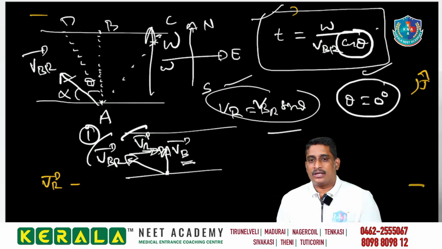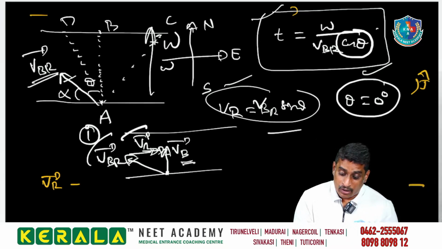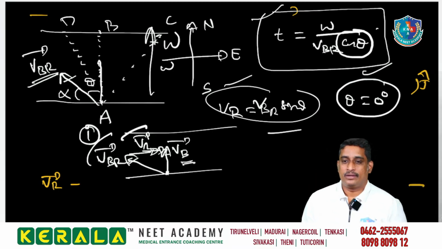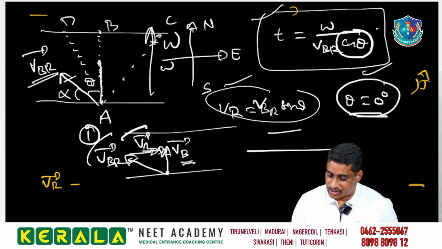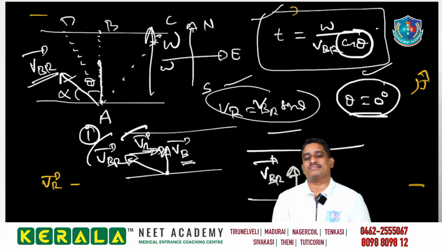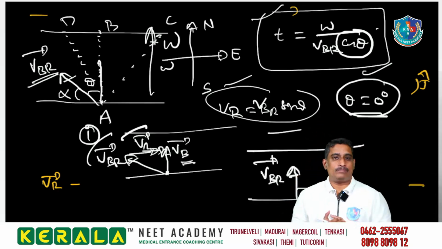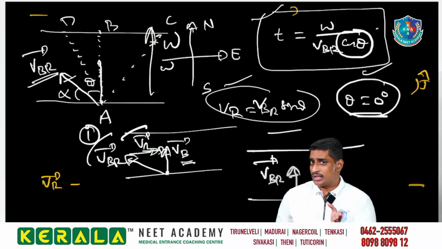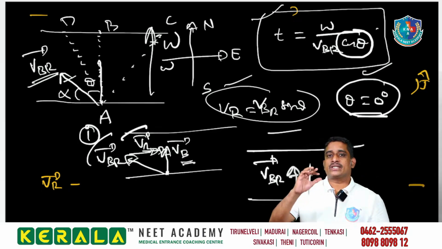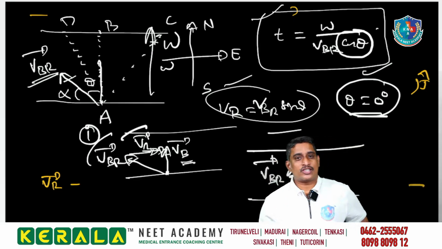In this example we defined theta as the angle made by VBR bar with the vertical. So theta equal to 0 means VBR bar should be perpendicular to the bank of the river like this. That means if the boat is rowed in that particular direction, it will not reach exactly the opposite point, but it will reach some other point with some drift, but it will reach the other bank of the river in the shortest time.